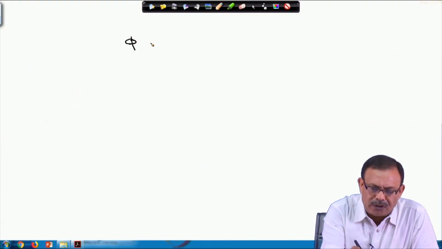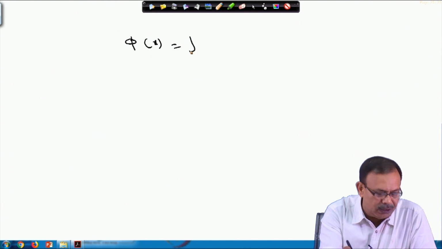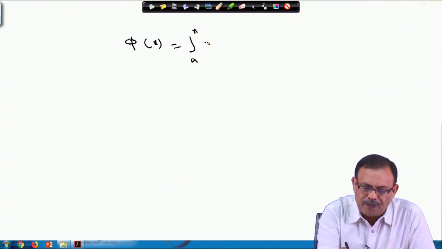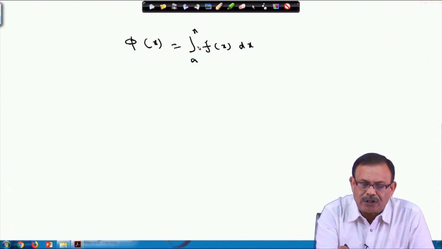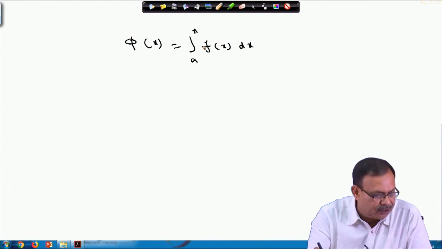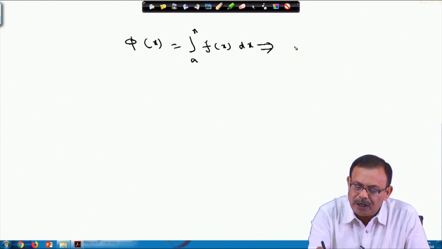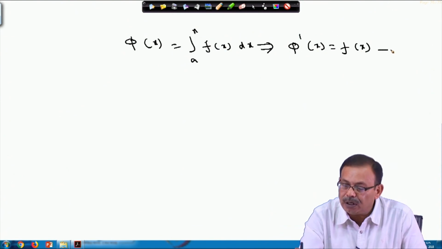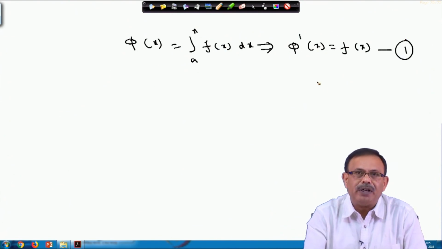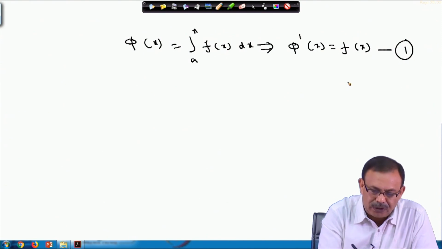I am assuming this: let phi x equal the integral from a to x of f x dx. So, this implies phi dash x, if you use differentiation under the integral sign, you will obtain phi dash x equals f x.